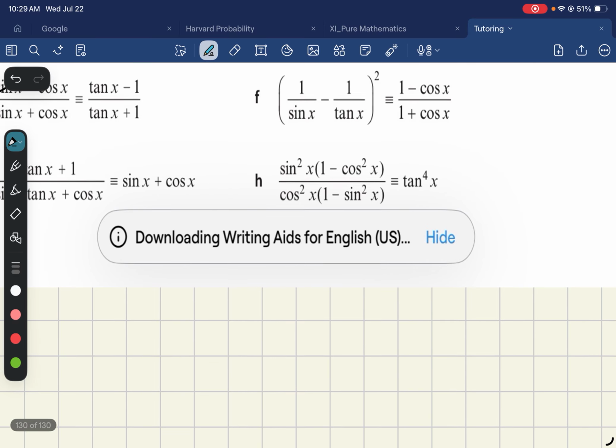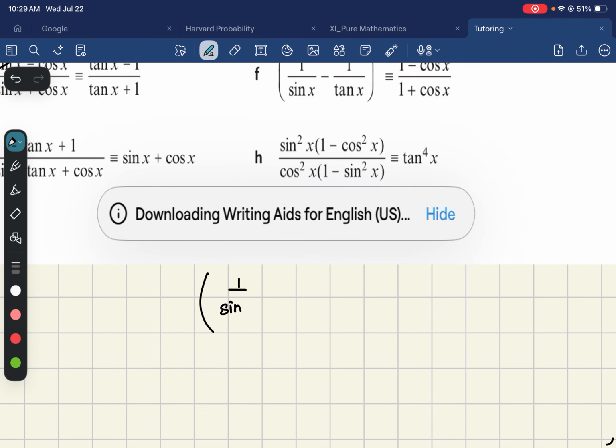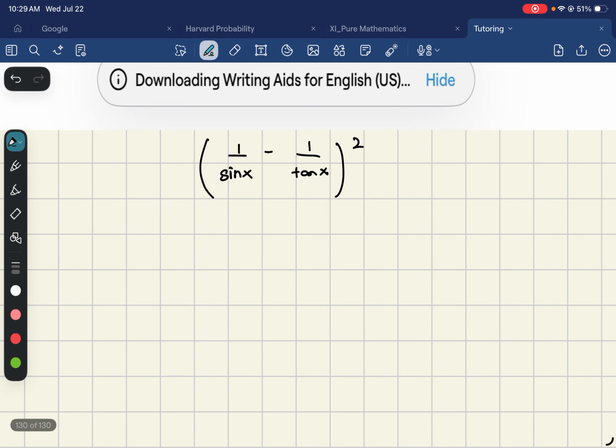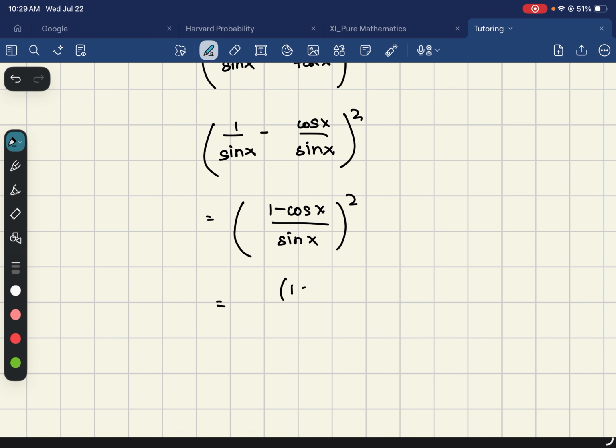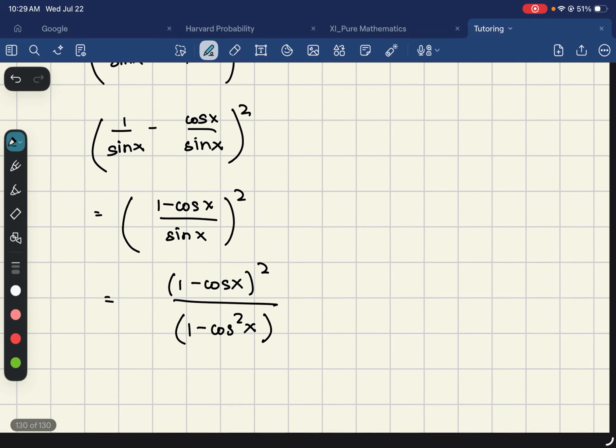Now part F, we have 1 over sine x minus 1 over tan x, squared. And we need to show that it's the right-hand side. All right. 1 over tan x is cot x, right? And cot x is just cos x over sine x, squared. And this will simplify to 1 over sine x minus cos x over sine x, squared. So we have 1 minus cos x, squared, divided by sine squared x. But sine squared x can be written as 1 minus cos squared x.